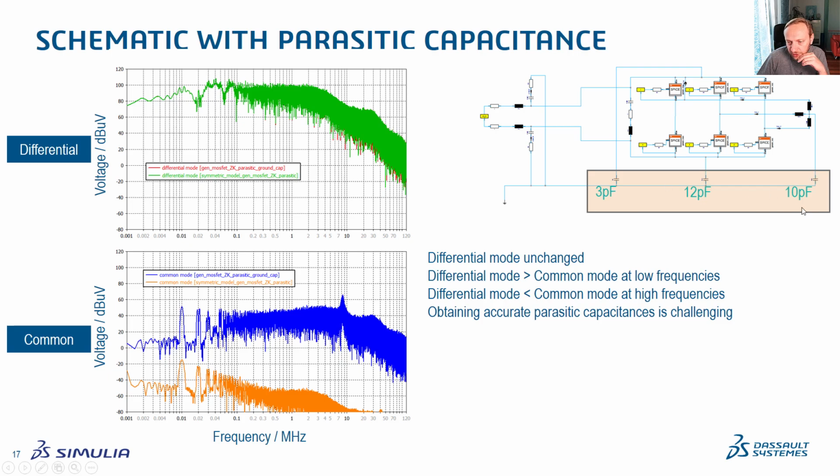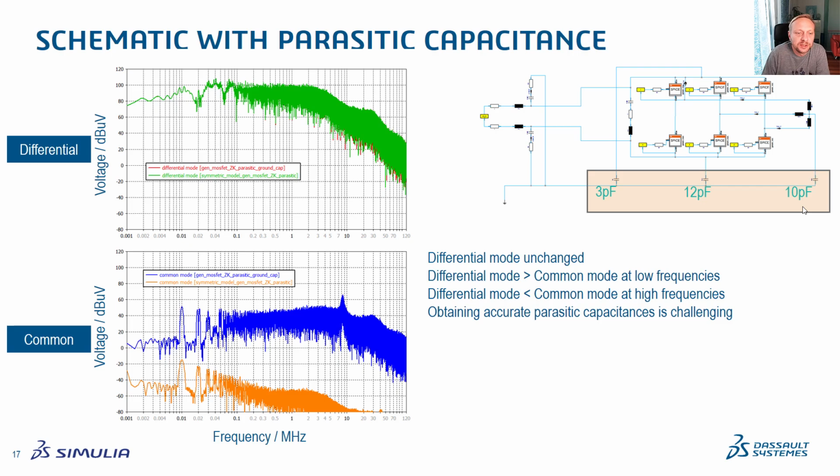You see the values don't look that mighty: 3 picofarad, 12 picofarad, and 10 picofarad, which are guessed values, and we will see later how we can do a much better estimation using simulation. But here I just chose them as typical values.